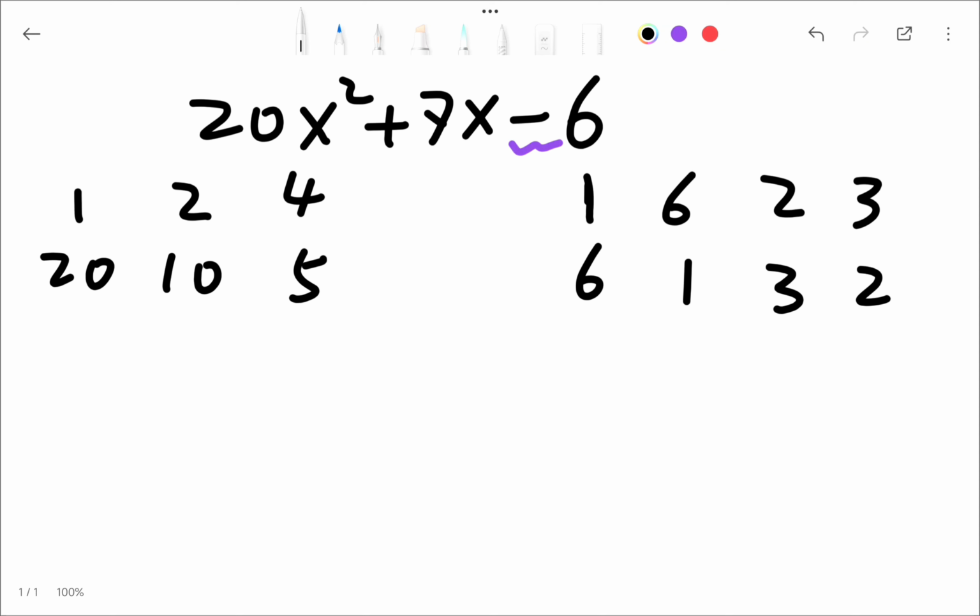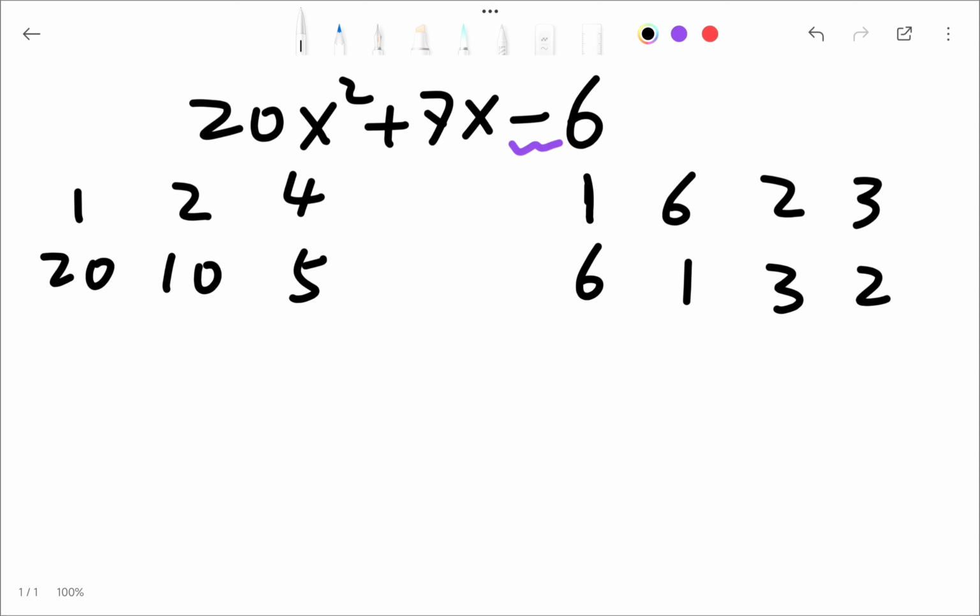So why do I write the factors of c like this? It's because the position of these numbers makes a difference. So to be safe, let's write it out. And then you can test them out one by one.